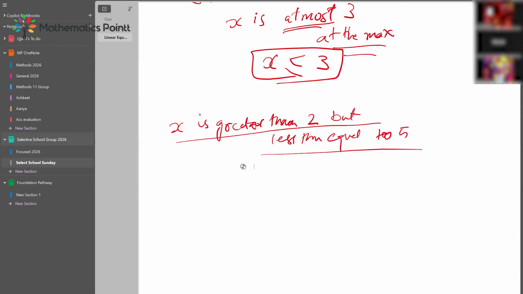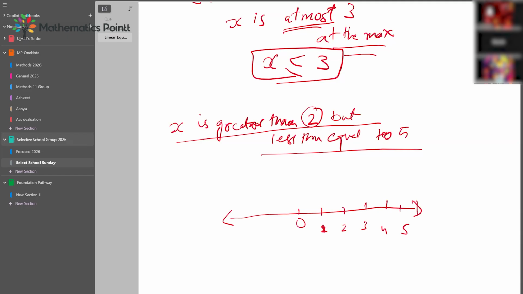Okay, let's understand this. You're just throwing stuff in the air. X is greater than 2. If I draw a number line, this is 0, 1, 2, 3, 4, 5.